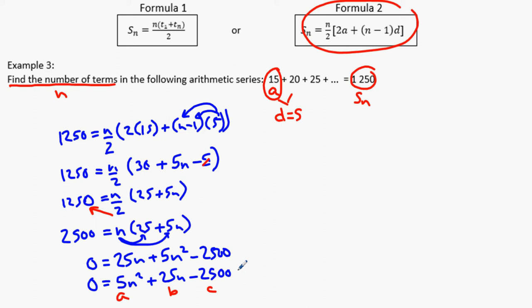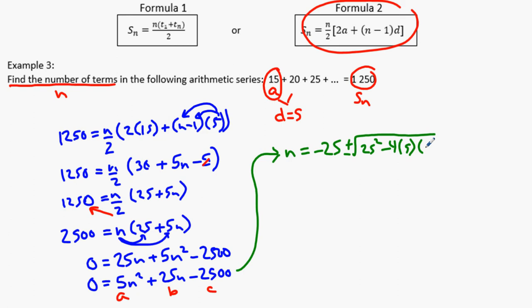I'll solve it in green. Why not? So, n is equal to negative b, so negative 25, plus or minus the square root of 25 squared minus 4 times 5 times negative 2,500, all over 2 times 5.